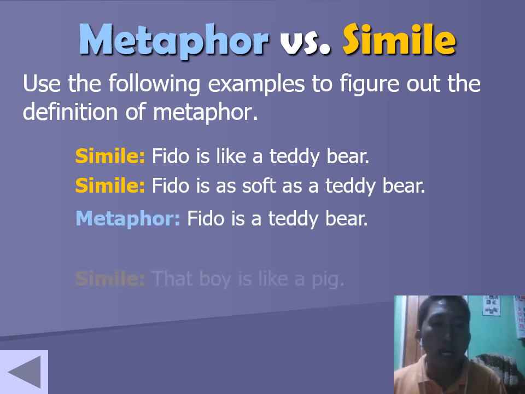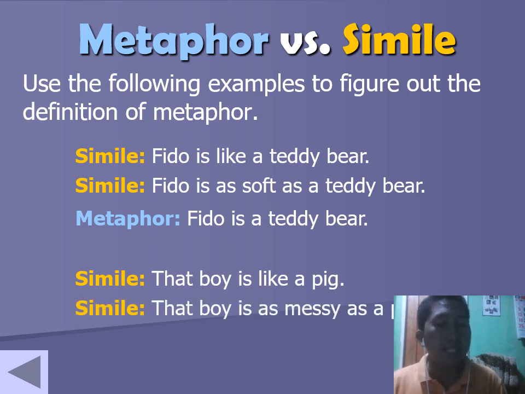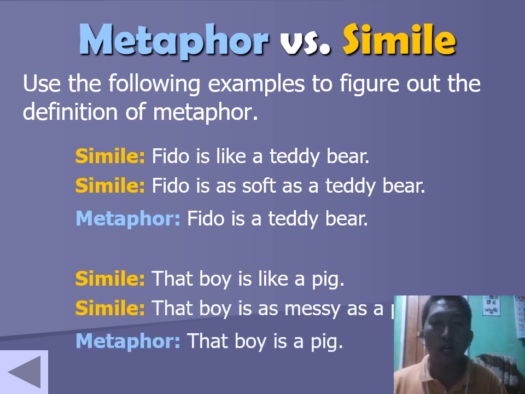So, metaphor versus simile. Use the following examples to figure out the definition of the metaphor. Simile: Fedo is like a teddy bear. Another simile: Fedo is as soft as a teddy bear. While in metaphor: Fedo is a teddy bear. So in metaphor, you are comparing two unlike things without using like or as. Another example, simile: that boy is like a pig.